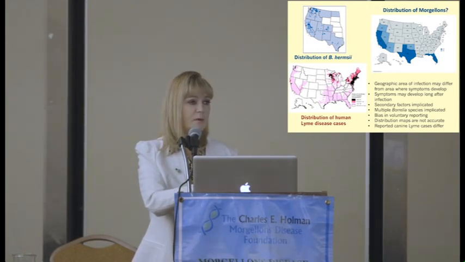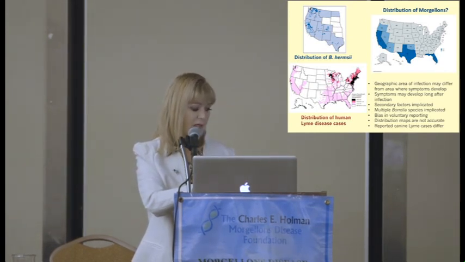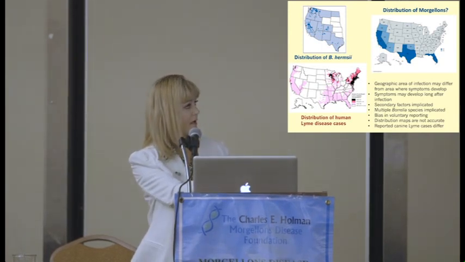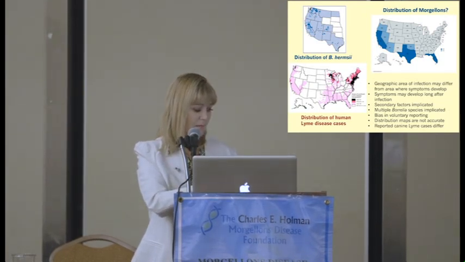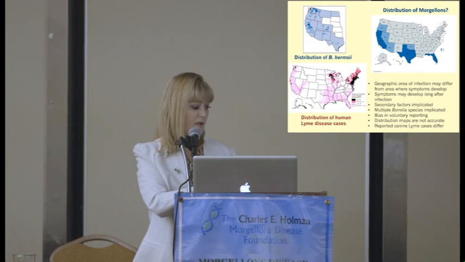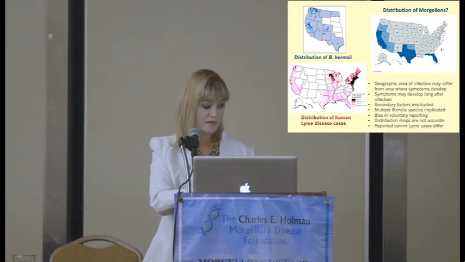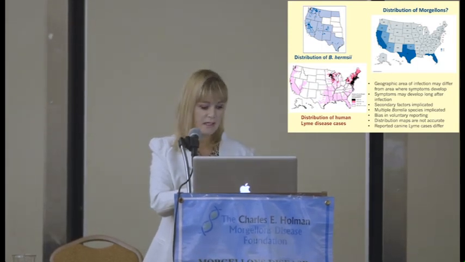Secondly, multiple Borrelia species are implicated in Morgellons, and their distribution differs from that of Lyme disease, as we can see in this map of Borrelia hermsii. Another reason is that there could be bias in voluntary reporting. Some states, such as Texas, where this conference is held, may have greater awareness of the disease, so self-reporting may be more frequent in Texas.